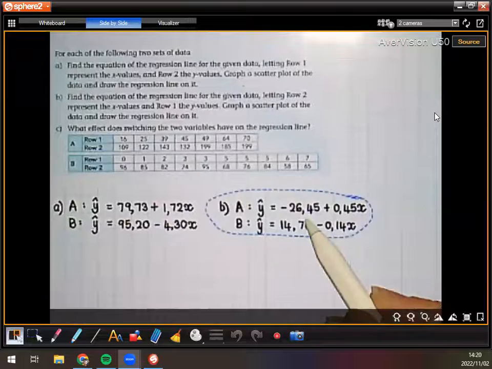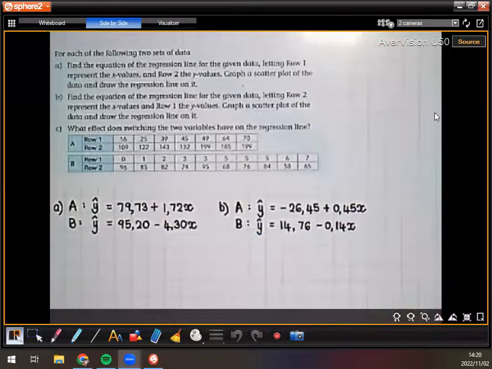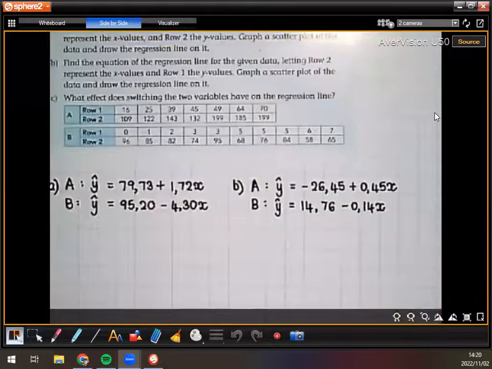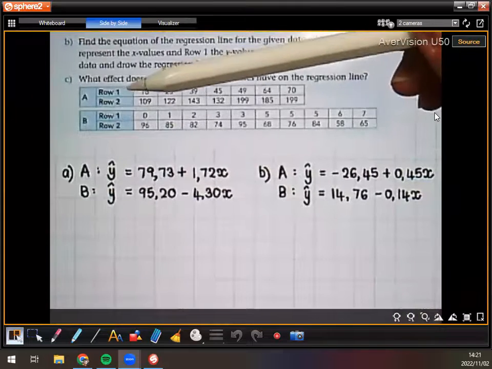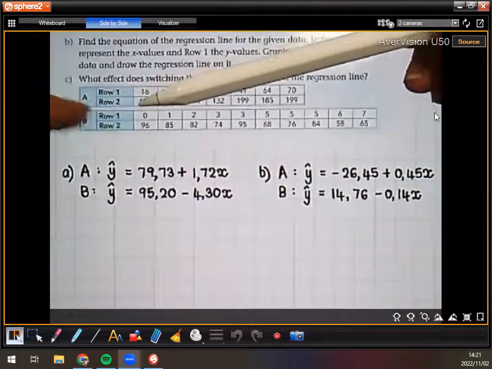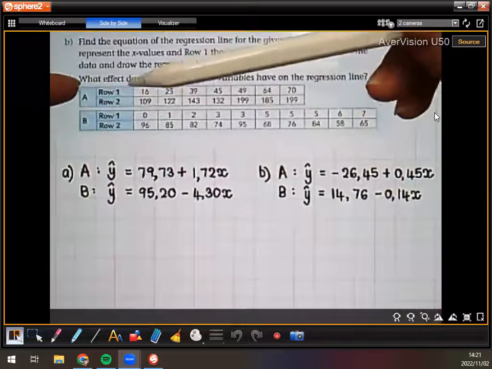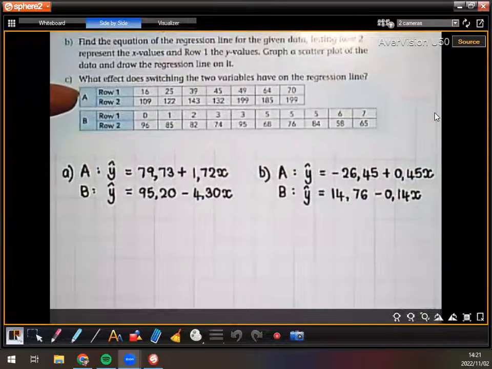For the next question, they then said, if you now swap the x and y values around. So in this case, row 2 values are now your x values, and the values in row 1 are your y values. Then they want you to redo the calculation. So those are then the 4 equations that we mentioned.